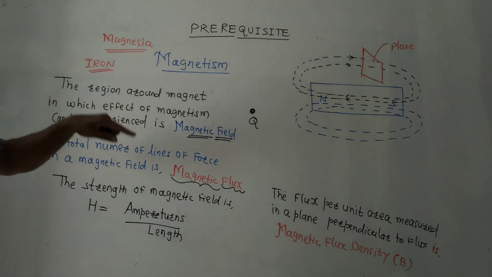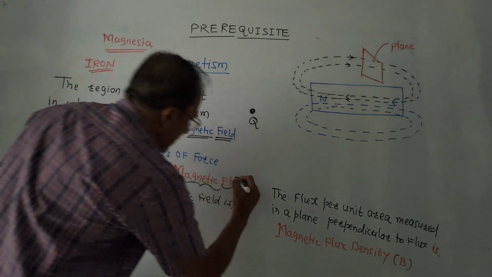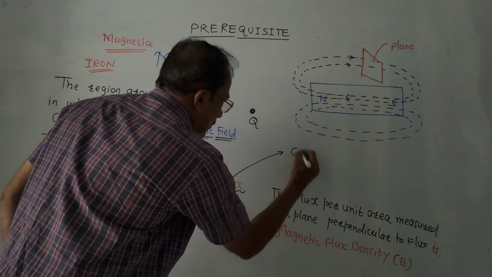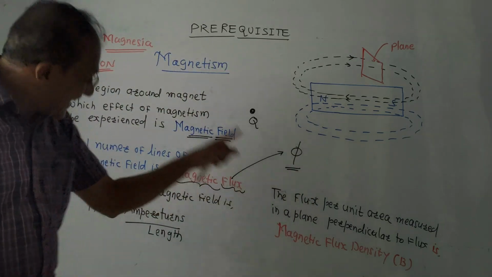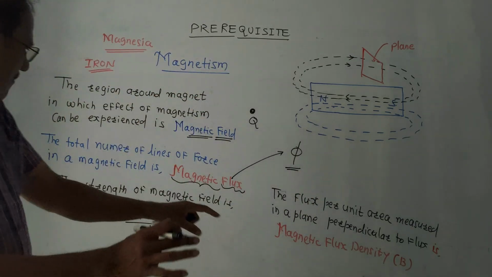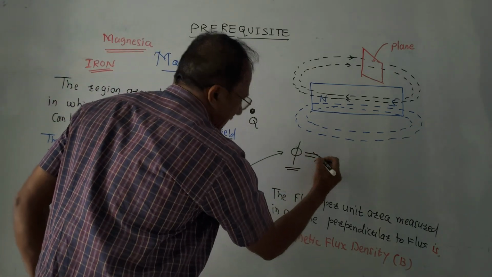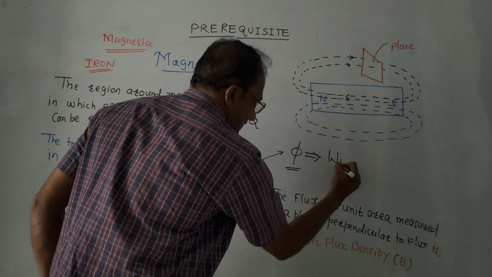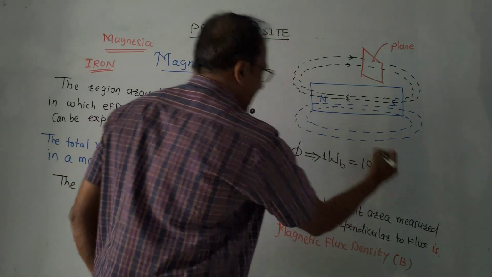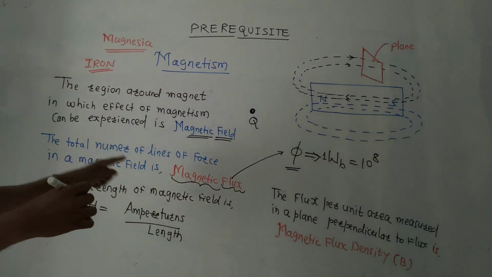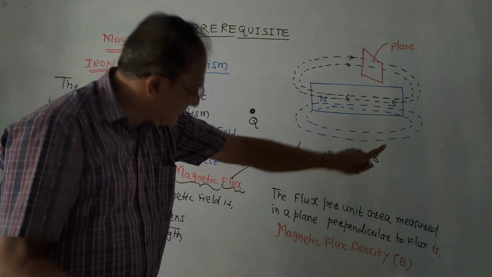Magnetic flux is denoted by the notation phi. It represents the total number of lines of force. Now, the unit of this flux phi is Webers, and 1 Weber is equal to 10 raised to 8 force lines.